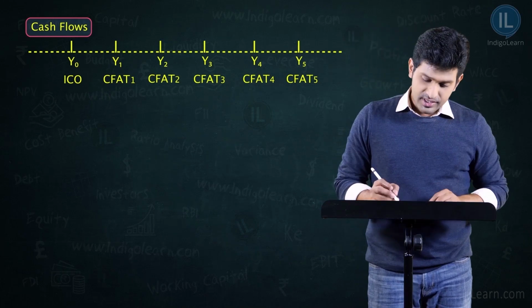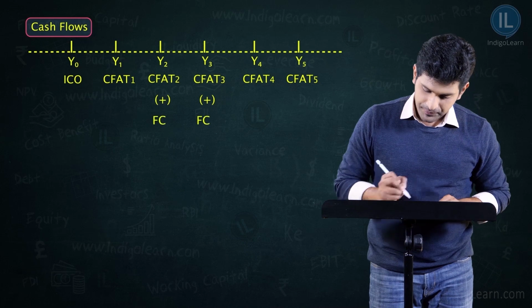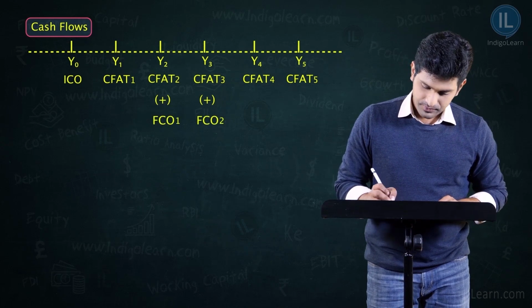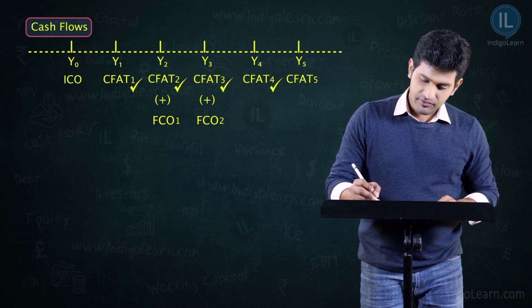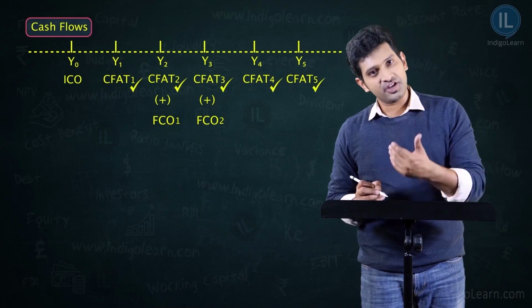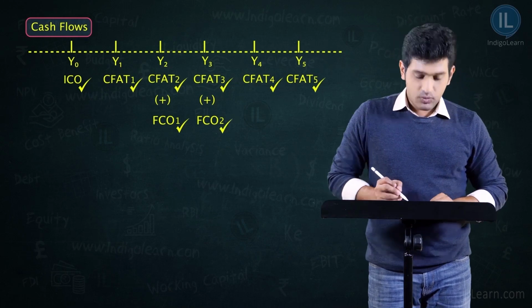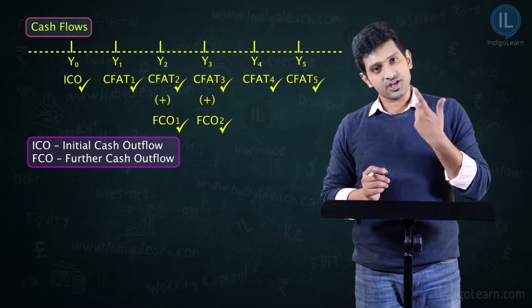Now friends, say in year 2 or in year 3 we may have to incur further cash outflow. Further cash outflow 1, further cash outflow 2. So these are cash inflows which are generated at the end of each year, and these are cash outflows, whereas ICO stands for initial cash outflow and FCO stands for further cash outflow.